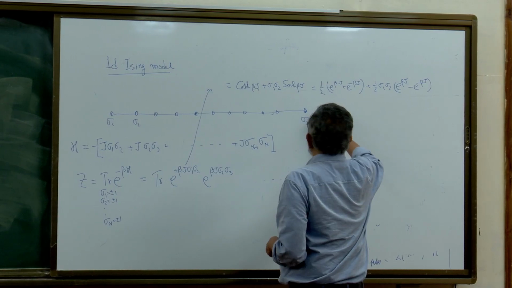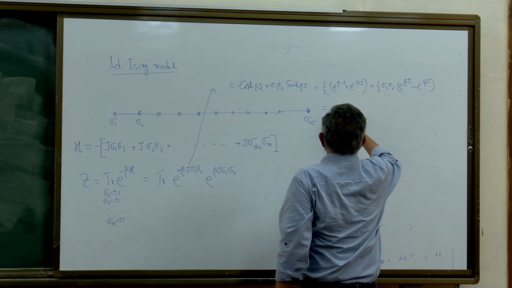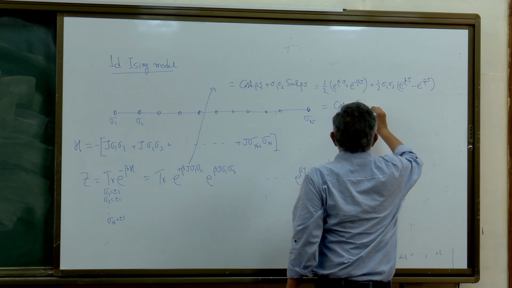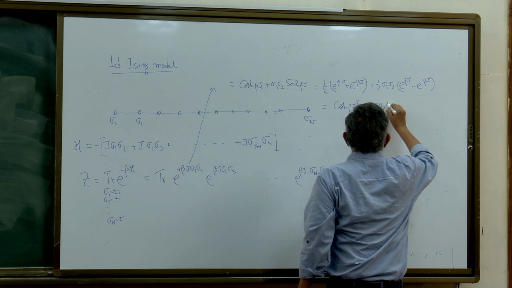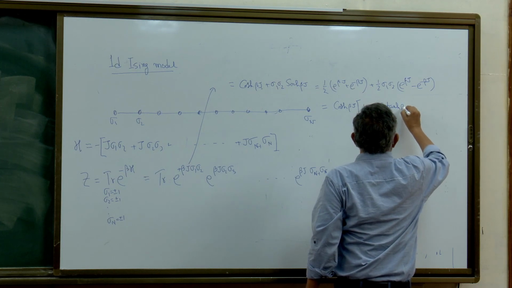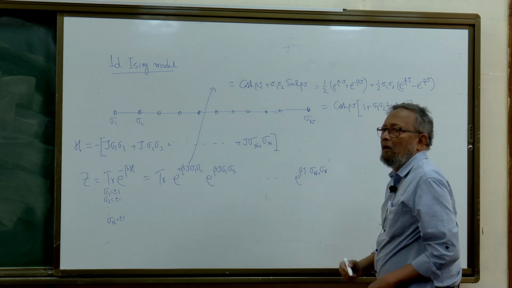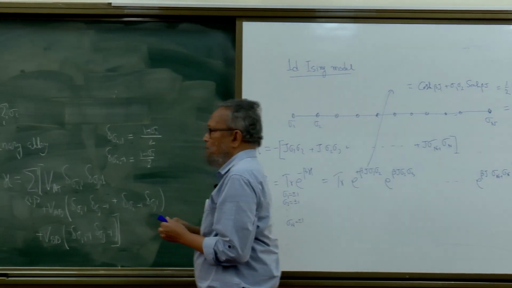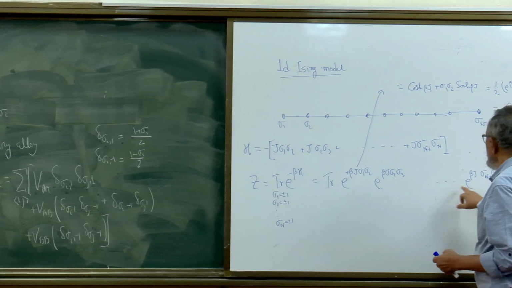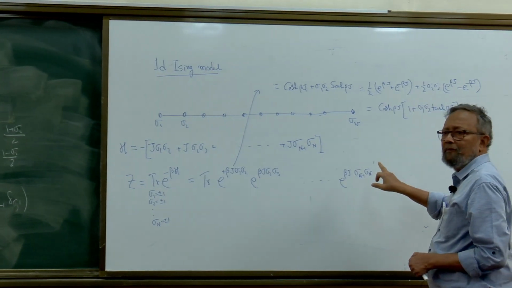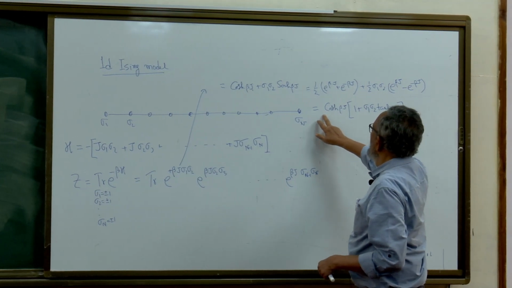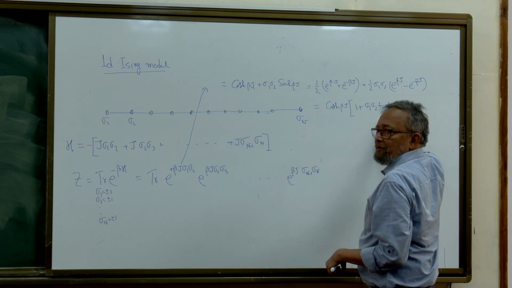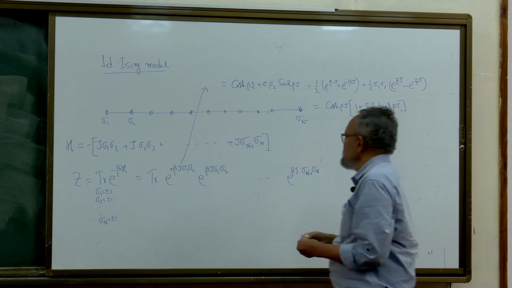So I can also write this by taking the hyperbolic cosine out. Just some trivial algebraic manipulations. Each term I can write like that, so each term will give you a factor of cosh beta J, and then we have a product of terms like this. So just do that.